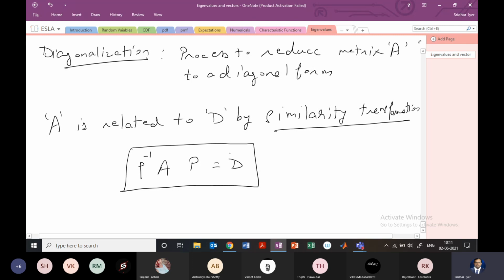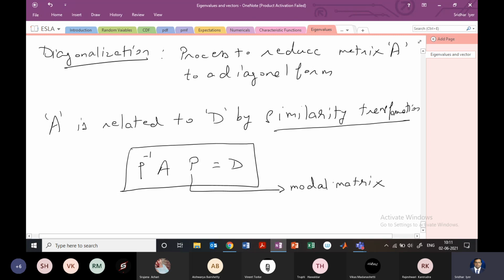P inverse A P is known as the transformation on the LHS, and D is the diagonal matrix. You can reduce A to the diagonal matrix D using the matrix P, which is known as the modal matrix.